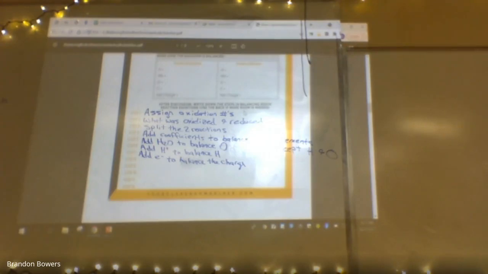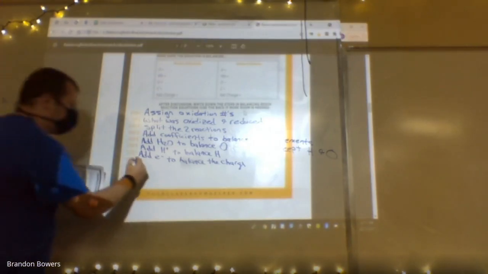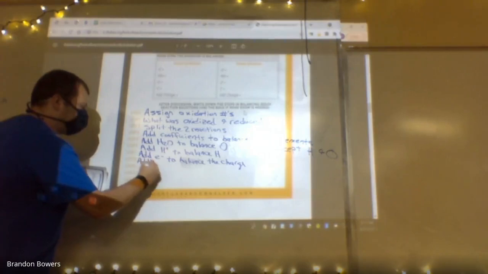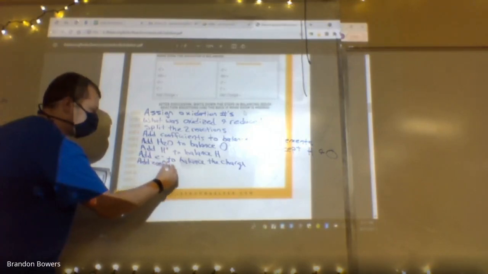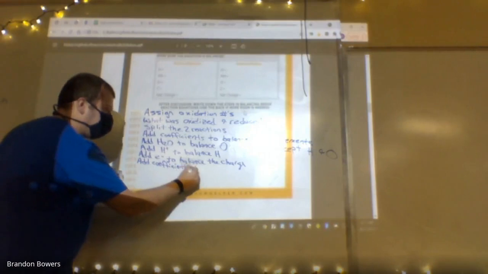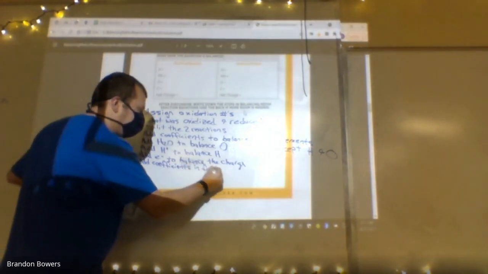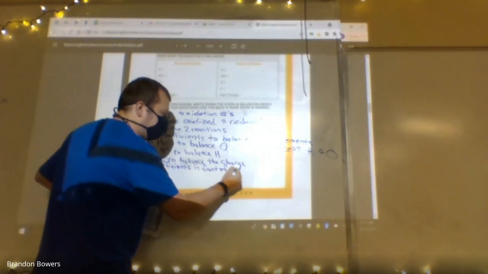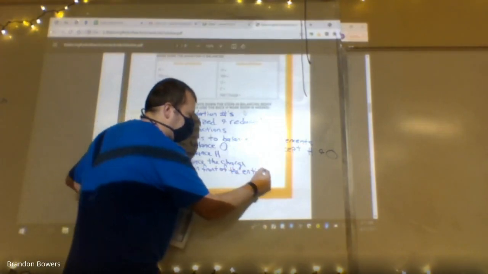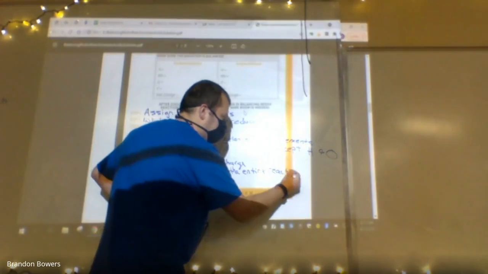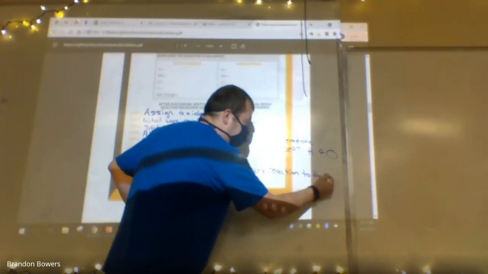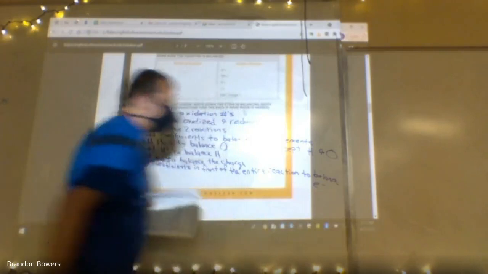Step 8. Let's see, we're getting pretty close. How's the best way to write this? Add coefficients in front of the entire reaction to balance electrons.